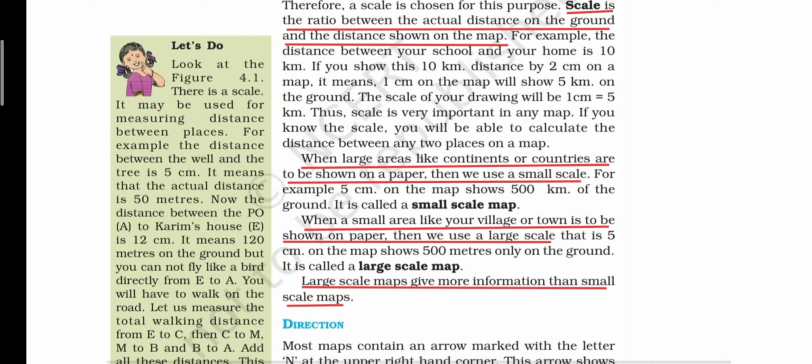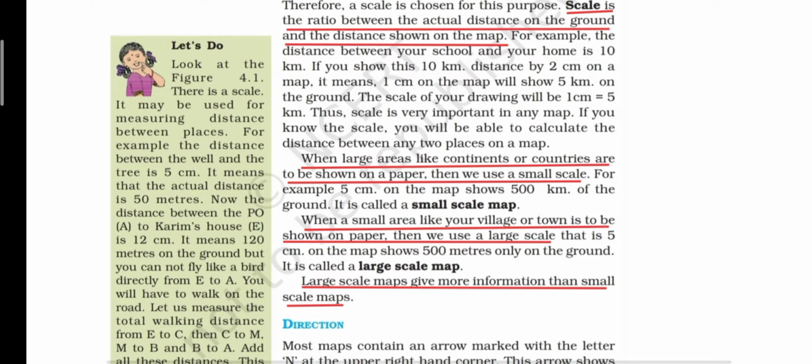Now, there are two types of maps. There are small scale maps and then there are the large scale maps. So, what is a small scale map? When large areas like continents or countries are to be shown on a paper, then we use small scale.